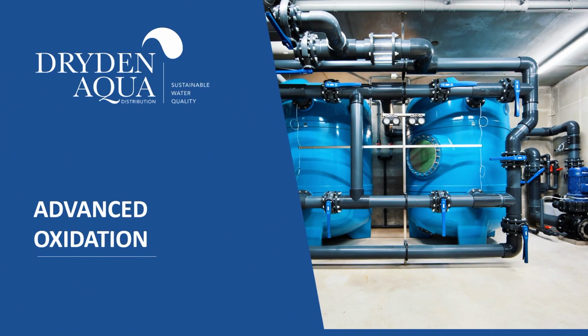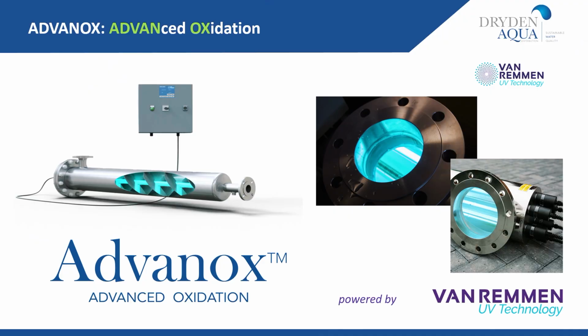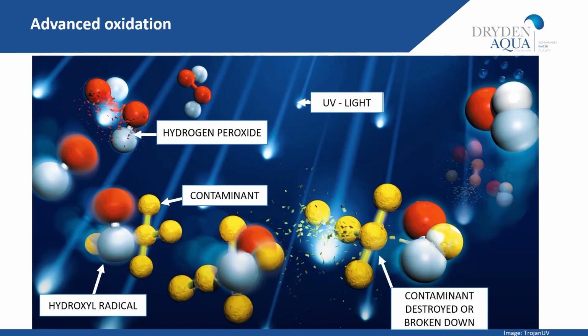A better solution is advanced oxidation, and this is where our Advanox technology comes into place. In partnership with UV experts Van Remmen, based in Holland, they produce this system for us, and it's in conjunction with the introduction of hydrogen peroxide.